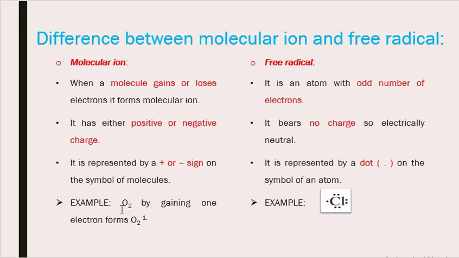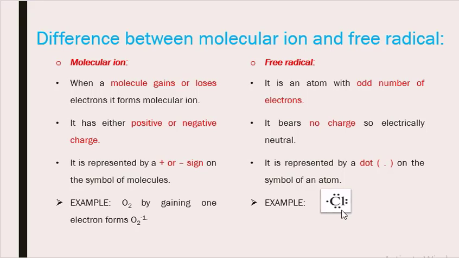For example, oxygen molecule, when gains one electron, it forms oxygen molecular ion, that is O2 -1. An example of free radical is chlorine.